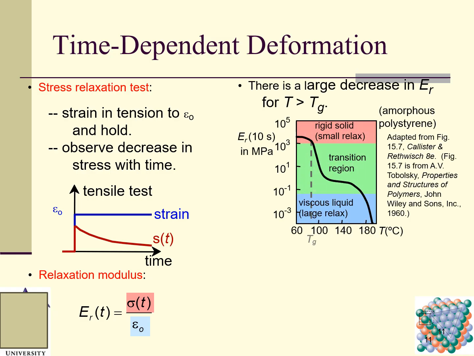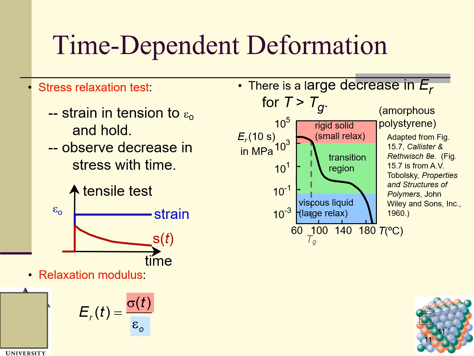So there is a large decrease in this ER, the relaxation Young's modulus, for temperatures greater than the glass transition temperature. You can see this is Tg.